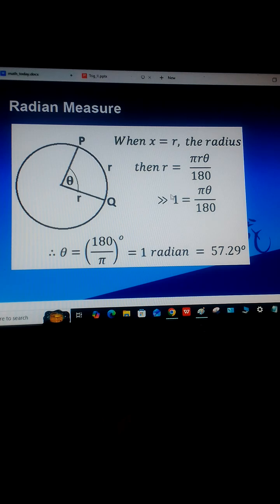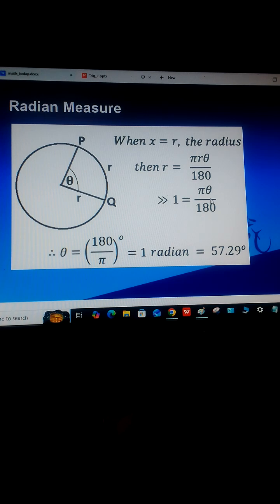So r takes this form. This is the value for r. When simplified, we find that 1 is equal to pi theta over 180. Now we want to find this angle, when the arc is the same length as the radius.